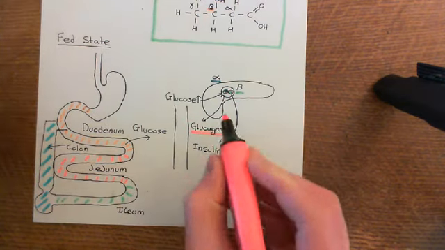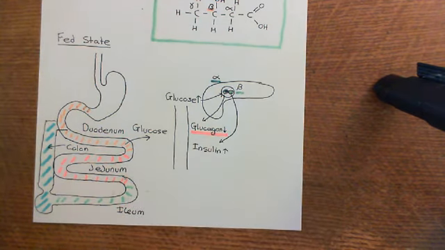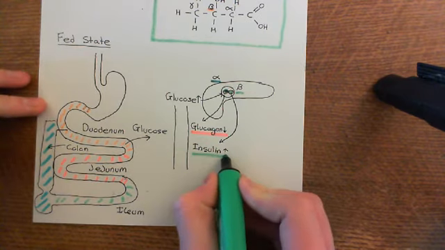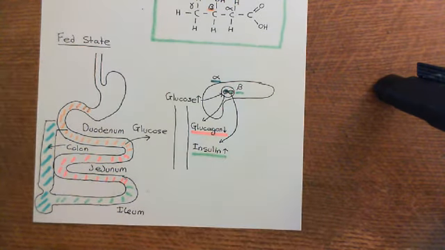Glucagon has gone down because the alpha cells sensed high glucose in the blood, and insulin has gone up because the beta cells sensed high glucose in the blood. So it's completely twisted in the opposite direction. Now, what then is the effect of insulin going up and glucagon going down?